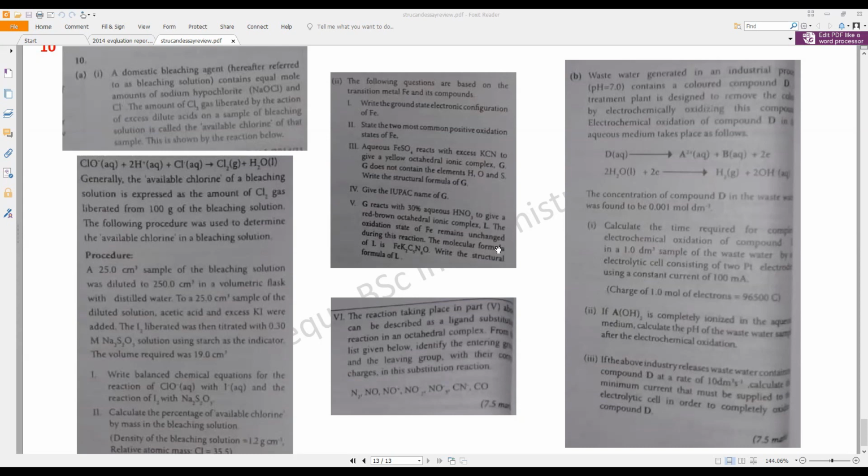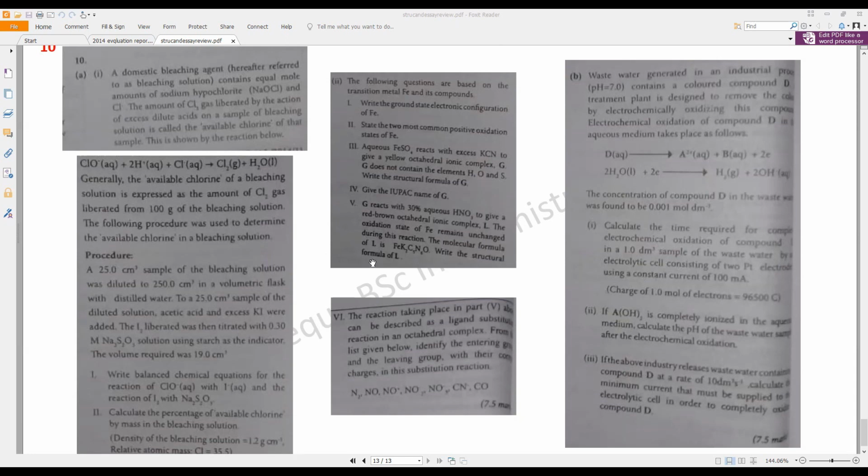If you remember your cation analysis in group 2, after the precipitation, before group 3 we remove H2S and then you add nitric acid. Why do you add nitric acid? To oxidize Fe2+ to Fe3+. But here, don't forget, they have mentioned this oxidation number does not change. So this is a crucial point. The oxidation state of iron remains unchanged during this reaction.